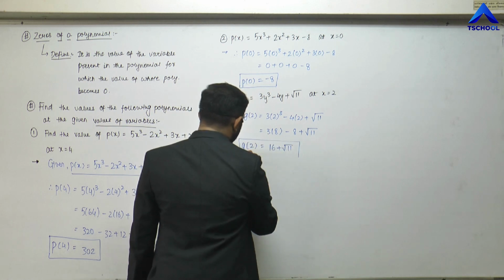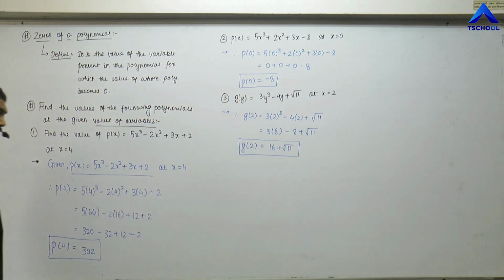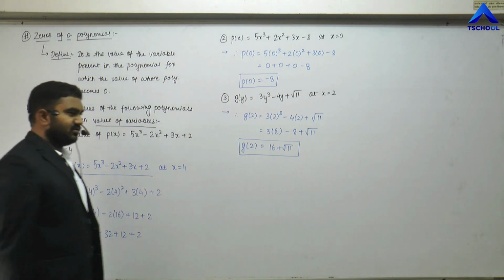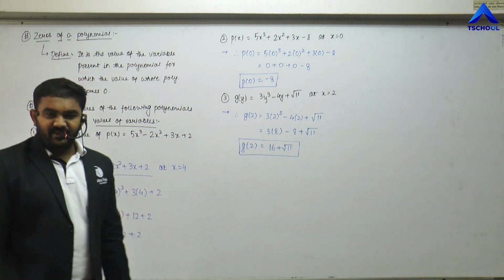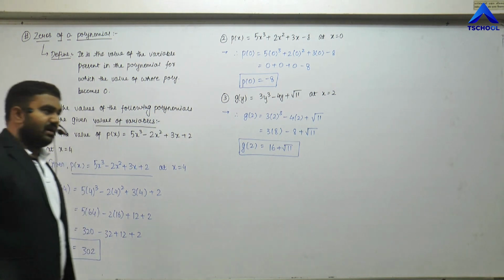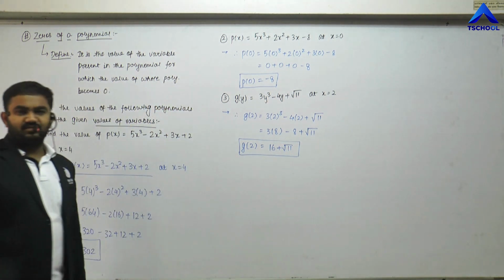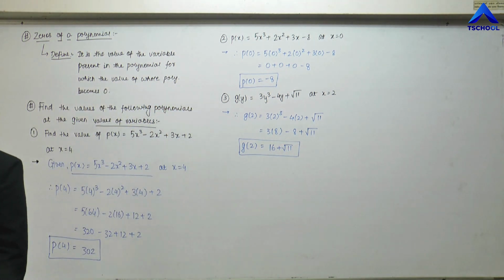Note that, friends, this root 11 here is an irrational number. It is not a natural number or a whole number, whereas 16 is a natural or whole number. So you cannot simply add this root 11 to 16, because both numbers are of different categories.